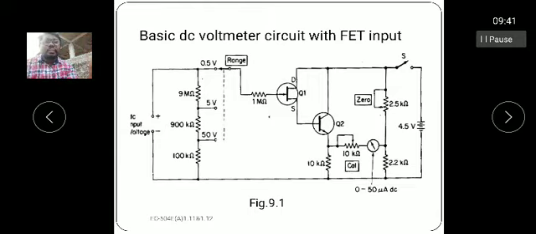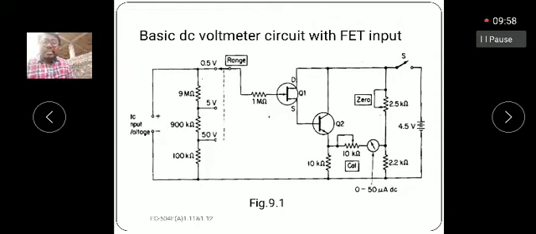Based on this concept, we are constructing the FET input voltmeter. Generally, the FET input voltmeter circuit can be divided into three sections.